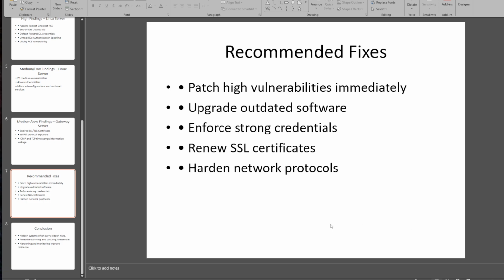For our gateway server, we can renew and properly configure SSL certificates, disable unnecessary protocols like WPAD, and block ICMP timestamp responses. Overall, hardening both systems with up-to-date configurations, reducing exposure of services, and disabling insecure defaults will greatly improve the security posture of our systems.